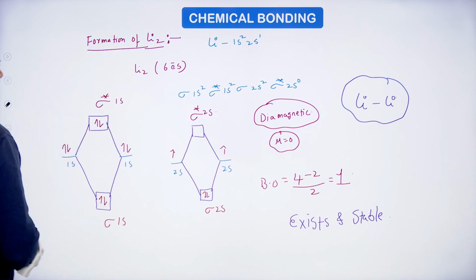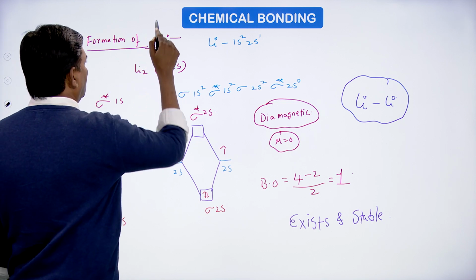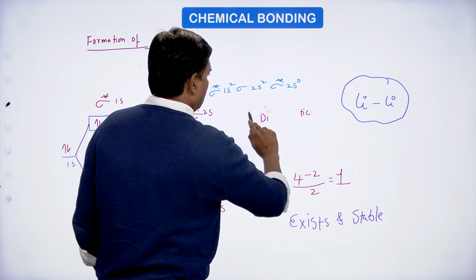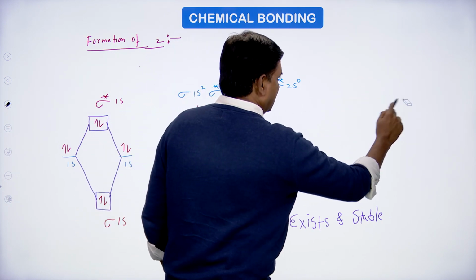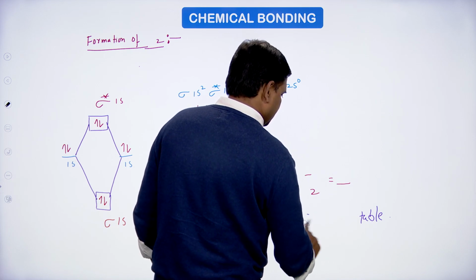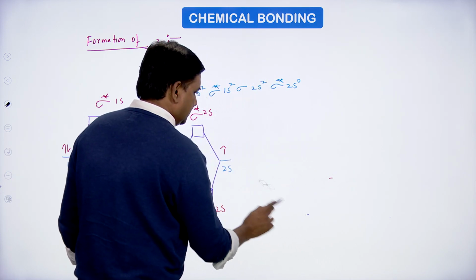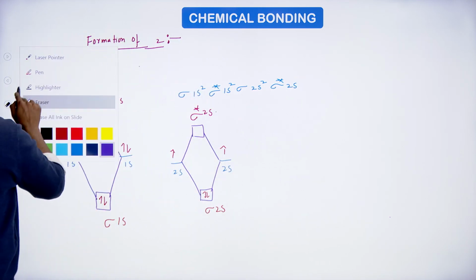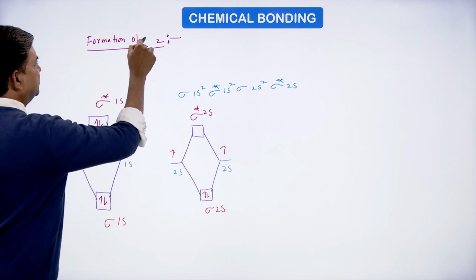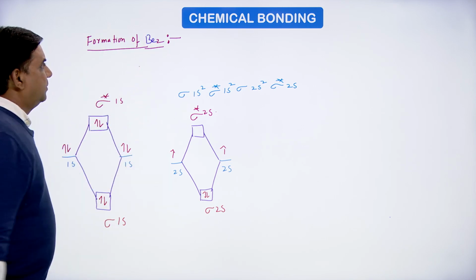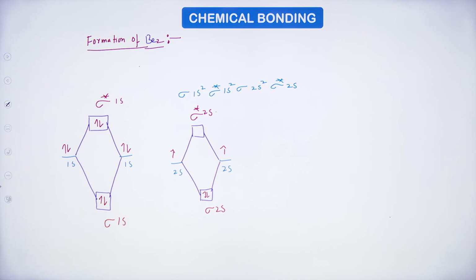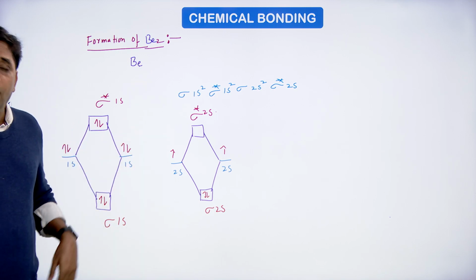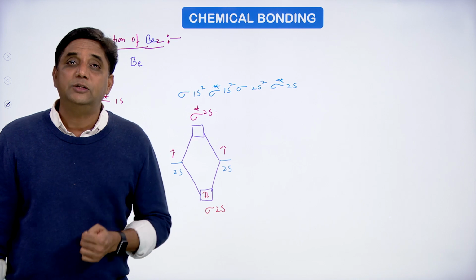Now let us see the formation of Be2. Formation of the Be2 molecule. Be2 means beryllium 2. The atomic number of beryllium is 4, therefore it contains 4 electrons.